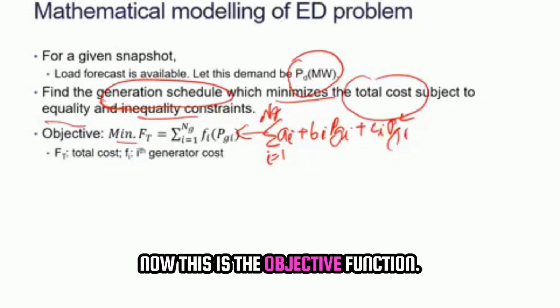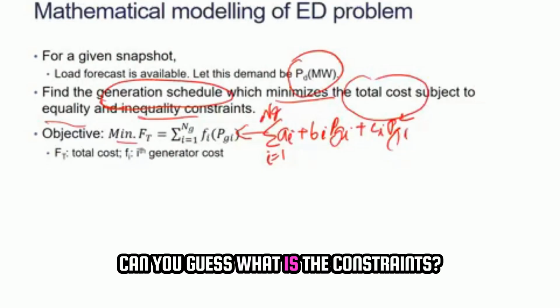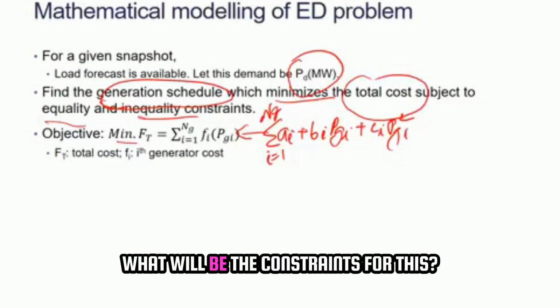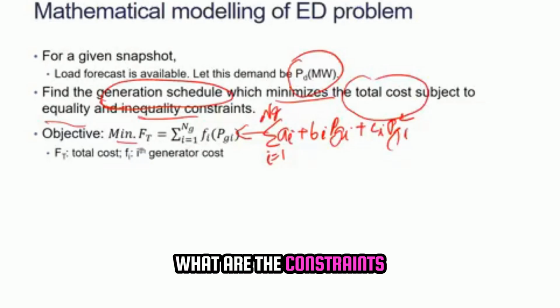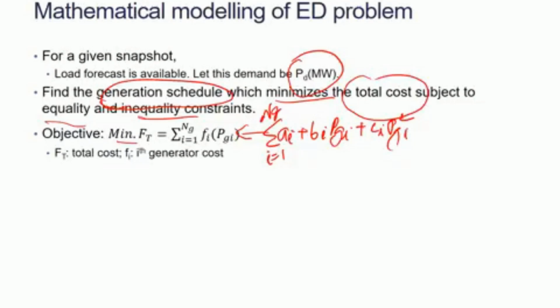Now this is the objective function. Can you guess what the constraints are? What are the constraints for an economic dispatch problem?